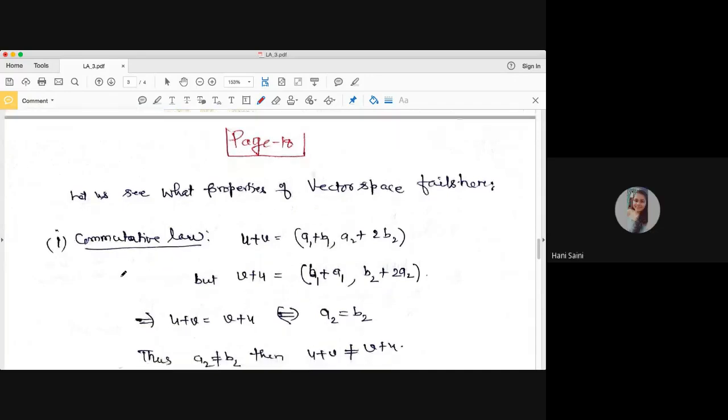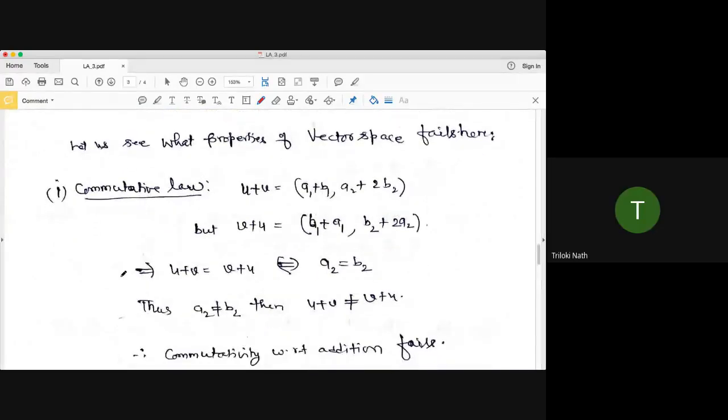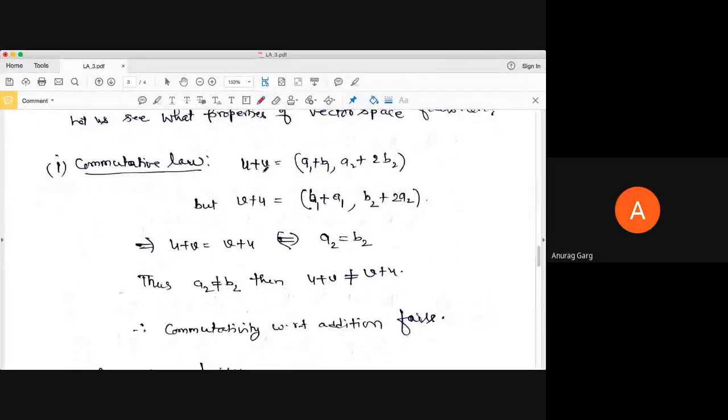So the first one is commutativity. You can check. The commutative law does not hold, because you see U plus V is this one and V plus U is this one. U plus V means the first coordinate is added to the first and the second coordinate is added to the second but with twice, that is A2 plus 2B2. Similarly, V plus U is B1 plus A1 but B2 plus 2A2. So this is fine because A1 plus B1 is the same as B1 plus A1, they are real numbers. But A2 plus 2B2 is not equal to B2 plus 2A2.